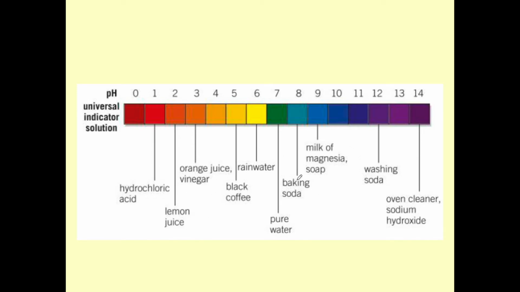We talked about baking soda being about 8 or 9, and then we've got some oven cleaner, washing soda, soap, so some cleaning products there towards that higher end of the pH scale. So we're going to take a look at some uses of neutralisation. So you won't need to write anything down for these next few slides, but there will be some questions afterwards.